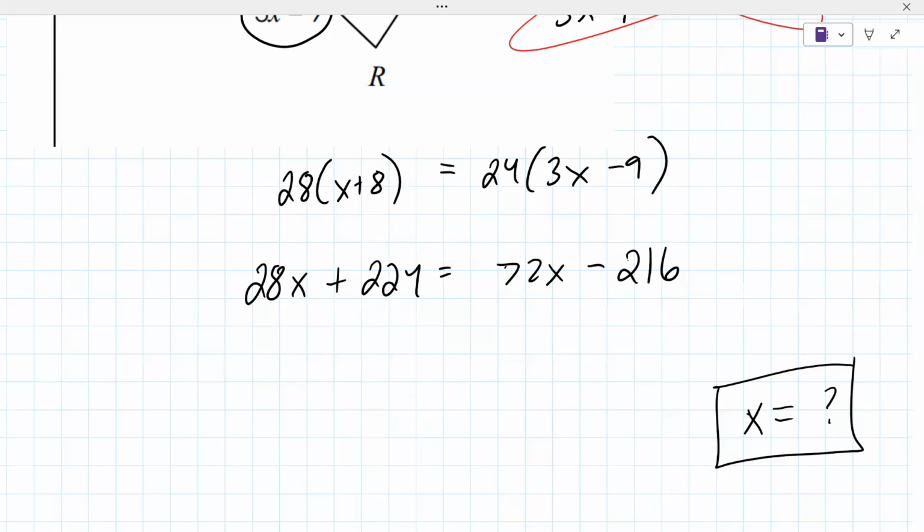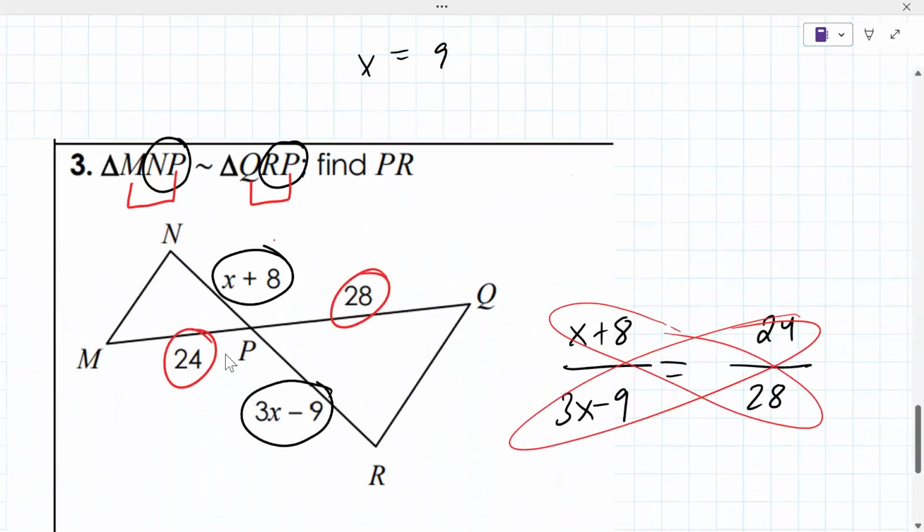X equals 10. X does equal 10. Very good. And once you get that value, this time it doesn't ask for X, it asks for PR. So you have to put that value of 10 back into this equation. PR is 3x minus 9. I want you to put that value of X in and tell me what you come up with.